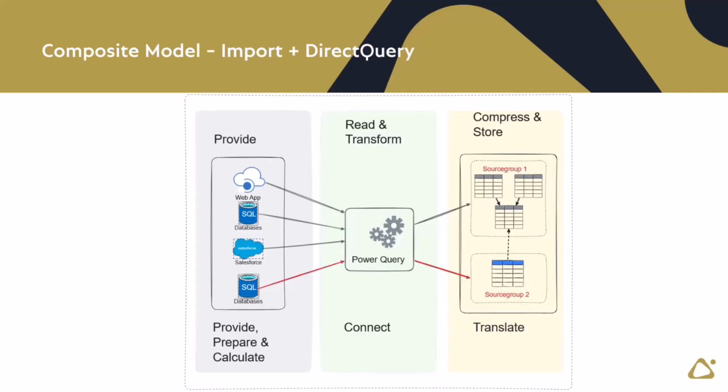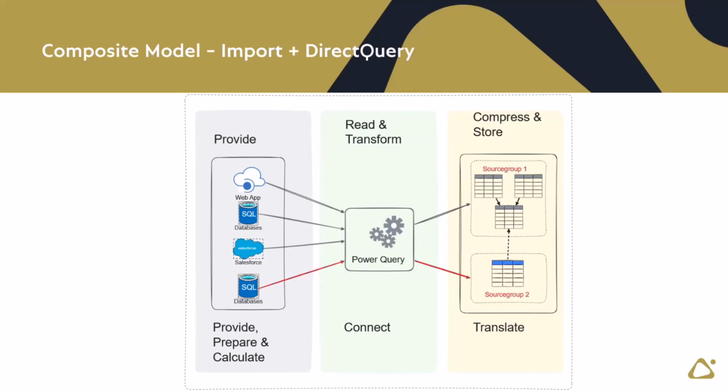In this composite model, some tables are imported and some tables stay in direct query. That means you can use import mode for the majority of your model and still bring in selected data in real time. As we have seen before, the architectural components do have different roles in import and direct query mode.